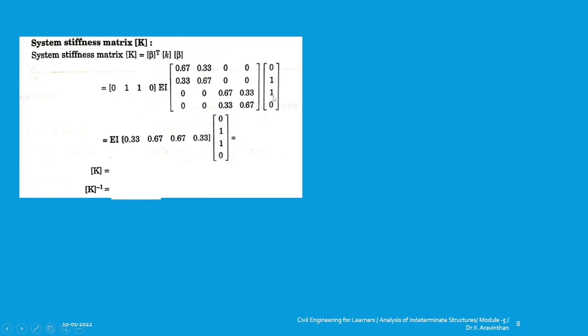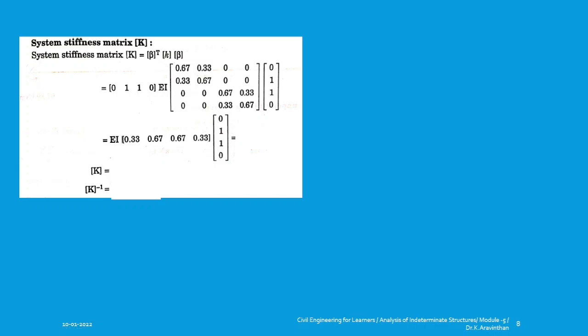And you have this column. Now you can multiply these two matrices. 0.33 into 0 is 0, 0.67 into 1 is 0.67, so 0.67 into 1 will be 0.67, and 0.33 into 0 is 0. So you have to add 0.67 plus 0.67. What is your answer?